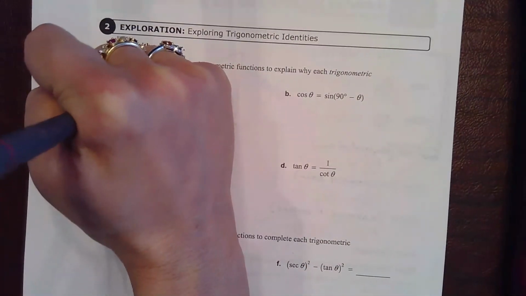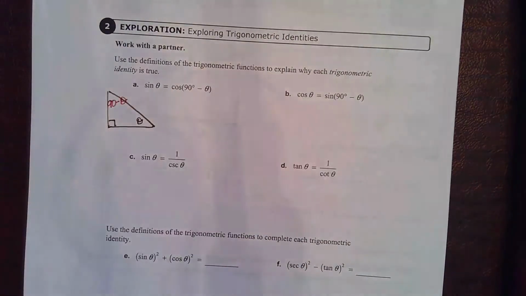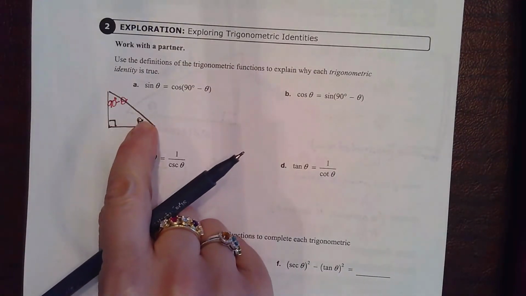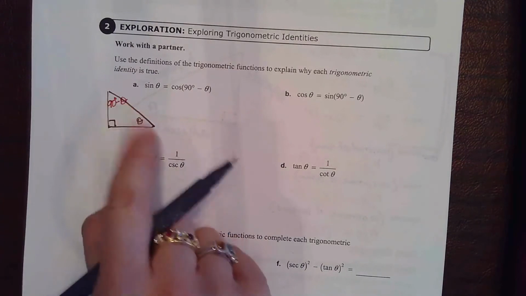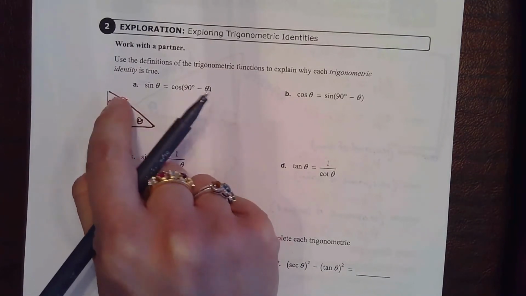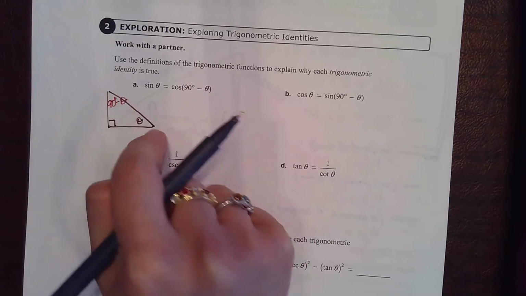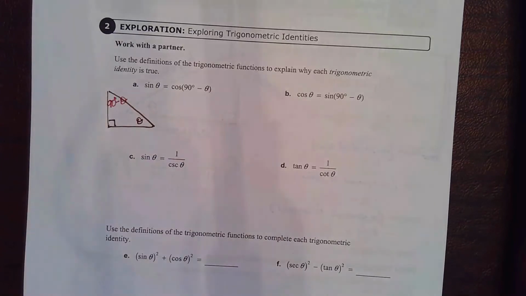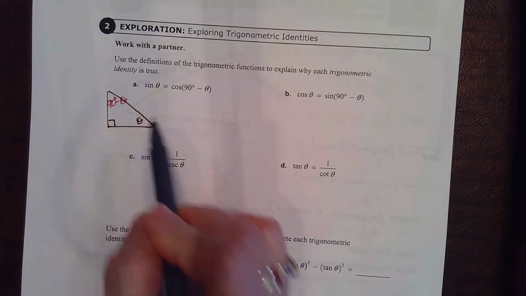So we could represent this angle as 90 minus theta. If this angle was 20, then this would be 70 because it's 90 minus 20. If this angle were 45, you would do 90 minus 45 and get 45. So this angle and this angle are dependent upon each other.